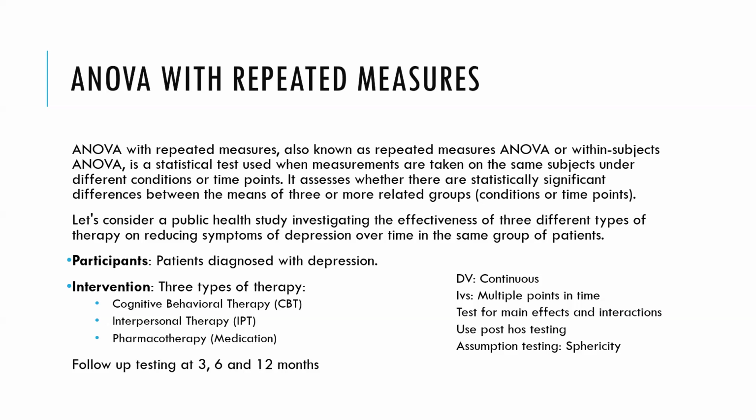So we can't do a paired sample t-test, but we can do a repeated measures ANOVA. So again, the dependent variable must be continuous. The independent variables are going to be at different points in time. You're going to test for main effects and interactions. You're going to use post hoc testing, and you're going to test for the assumption of sphericity in this example.